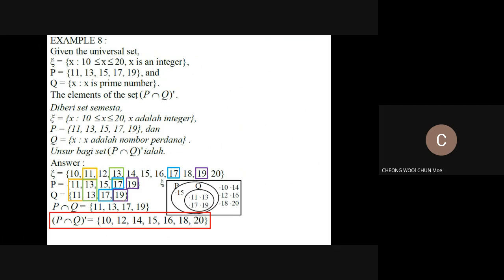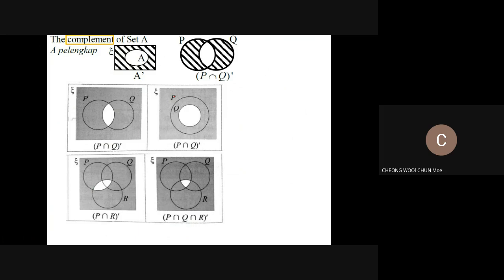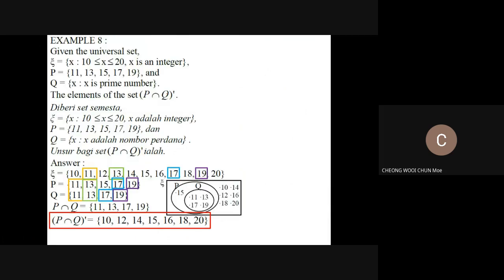Before you find the set of P intersect Q complement, before you find the complement, you find P intersect Q. That means P and Q intersect, the same numbers appear: 11, 13, 17, 19.